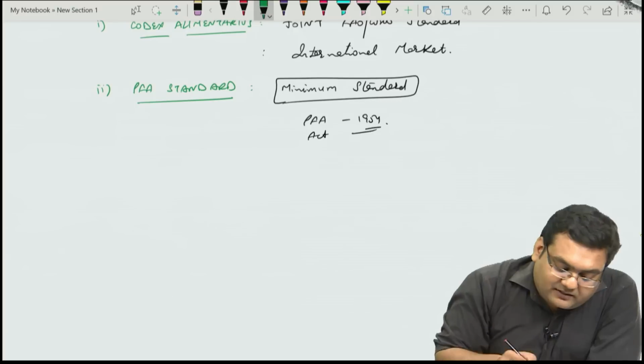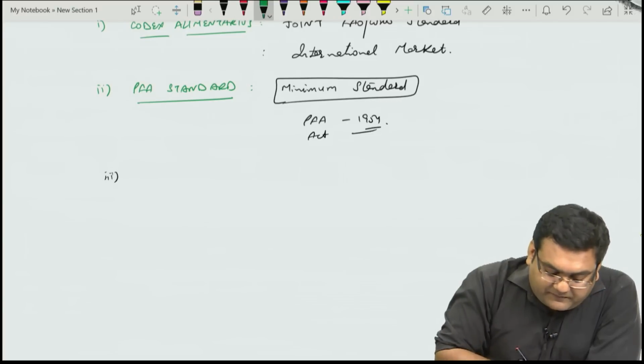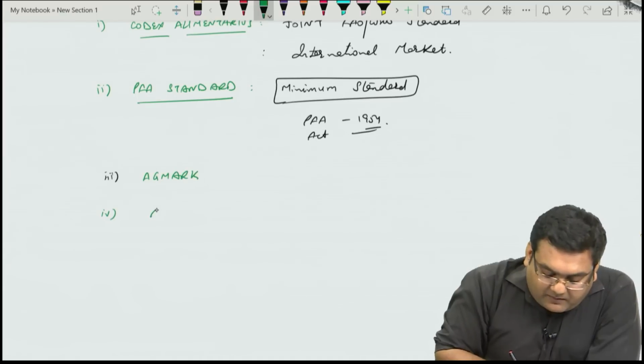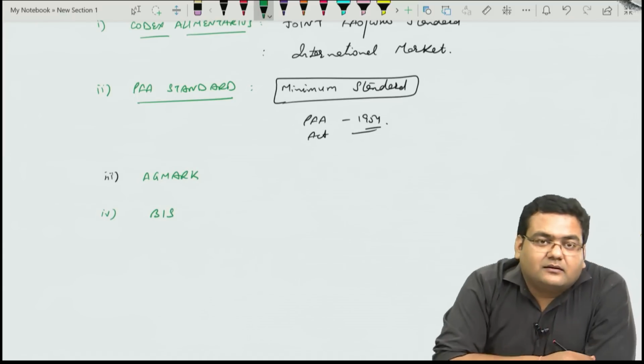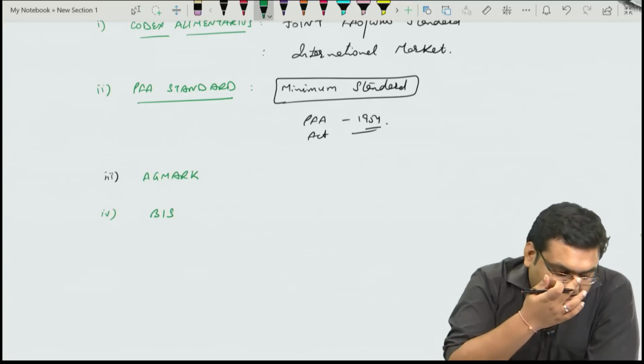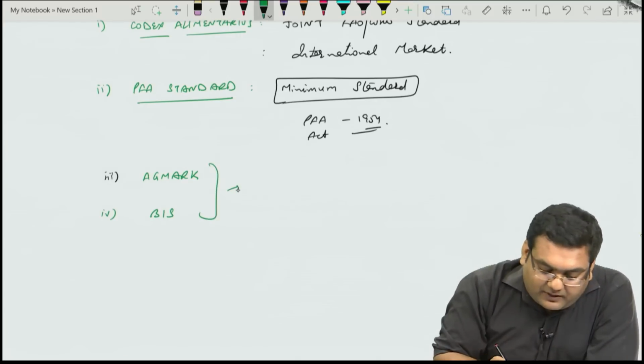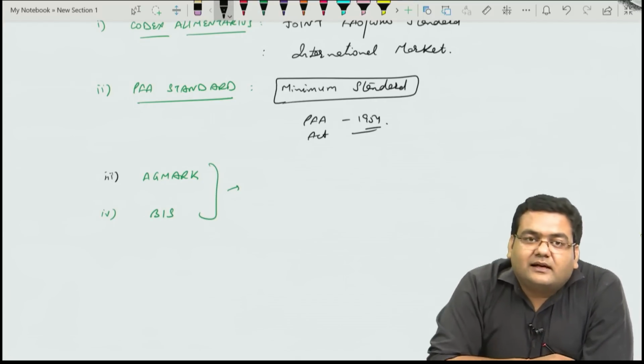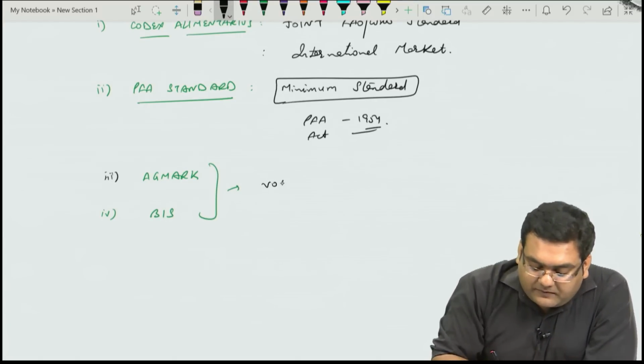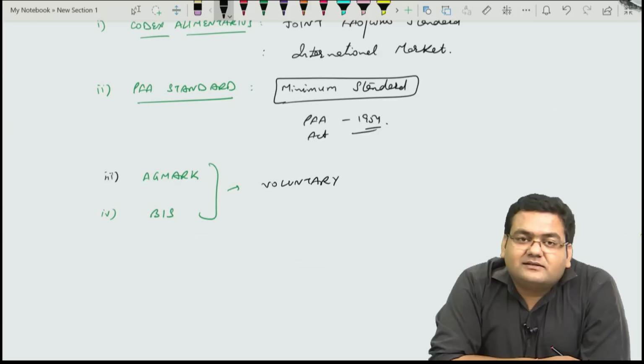Two more standards which are available are AGMARK and BIS, Bureau of Indian Standards. Important point about both these standards is they both are voluntary standards.